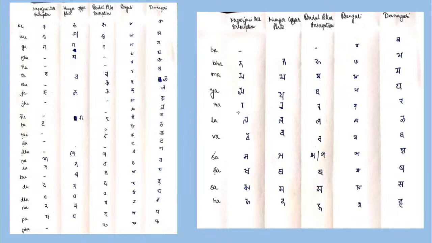The Ra is more or less again similar. The La, Va, the palatal Sha, the dental Sa and Ha.